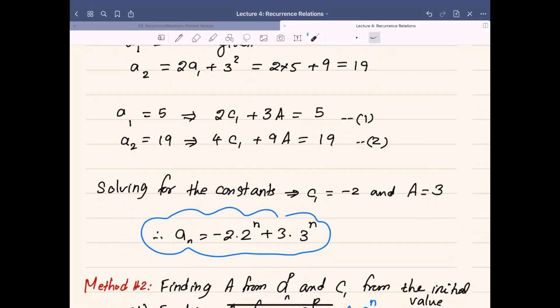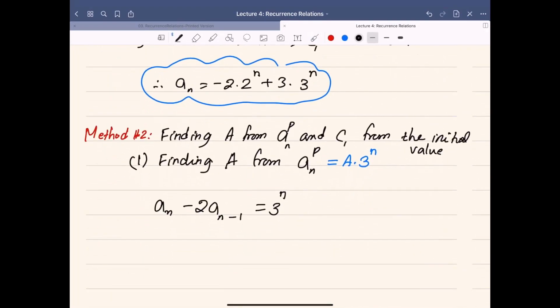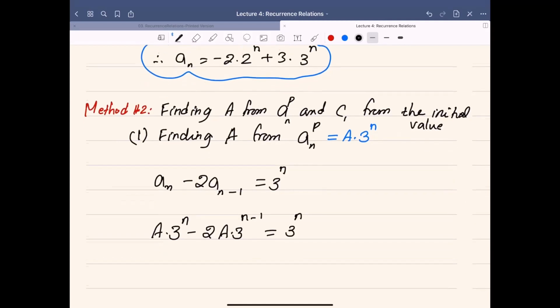We will substitute for an from the particular solution, and for an minus 1 also from the particular solution. So we will have A times 3 raised to power n minus 2A multiplied by 3 raised to power n minus 1, and this is equal to 3 raised to power n.